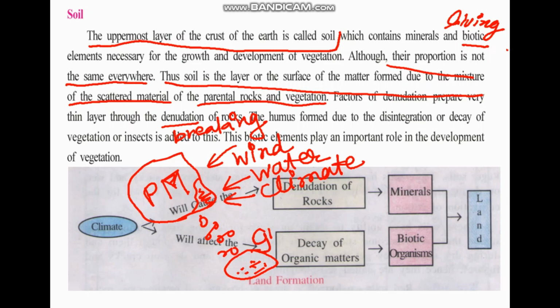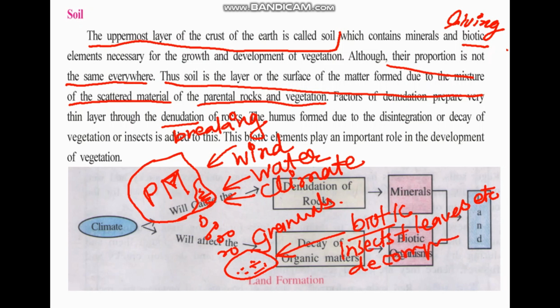It will be formed into granules. Now these granules will mix up with biotic elements like insects, leaves, etc., and they will decompose into it. So that will add life to this particular non-living granule.